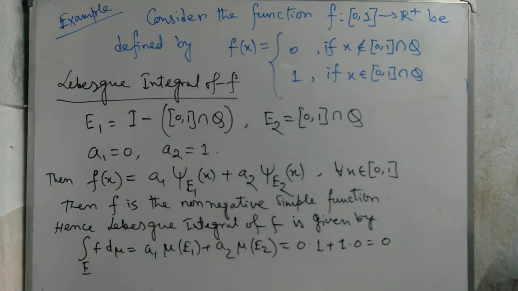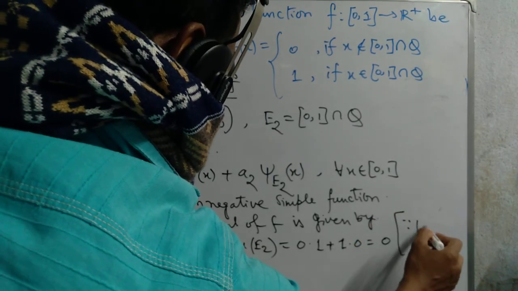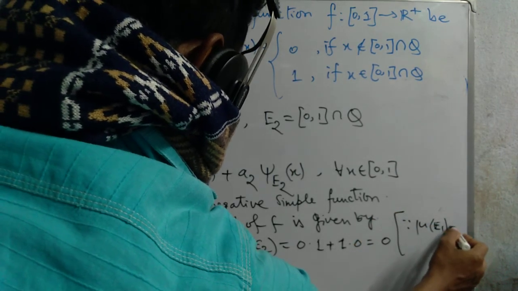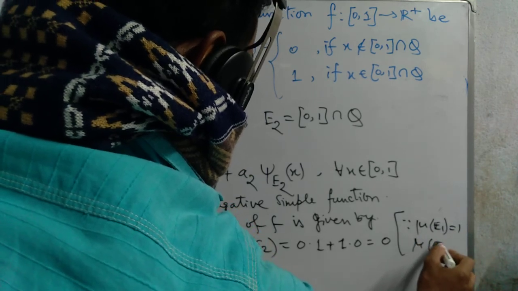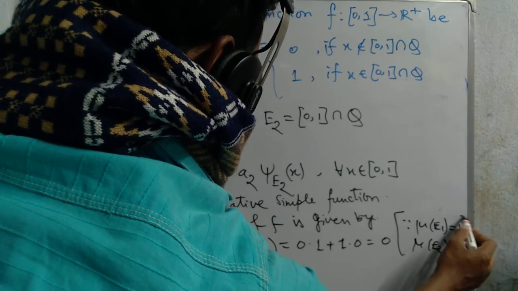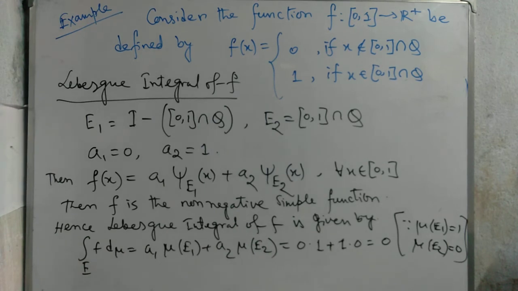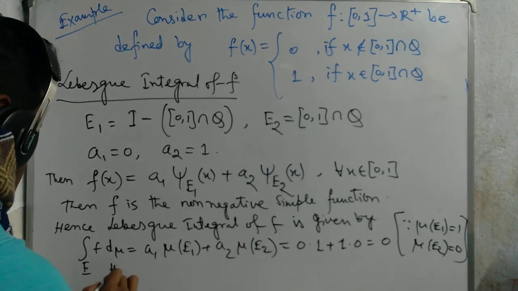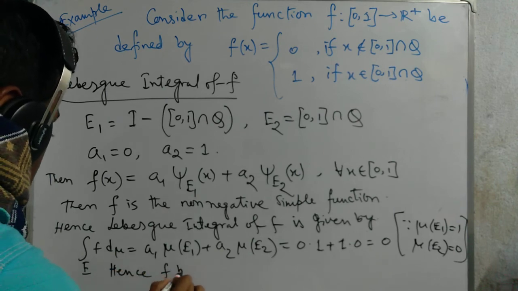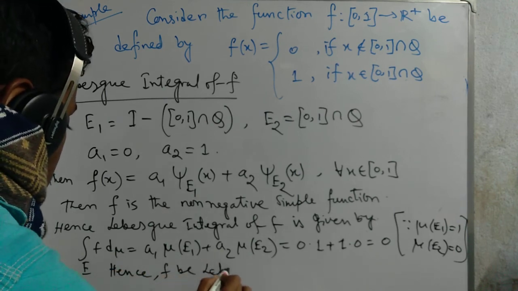How did this happen? Since mu(E1) equals 1 and mu(E2) equals 0. Hence f is Lebesgue integrable.